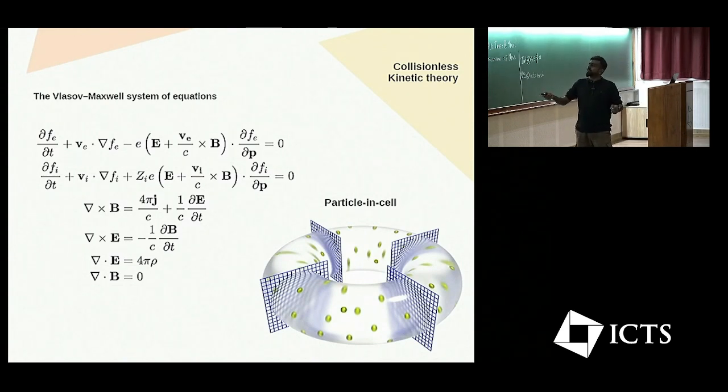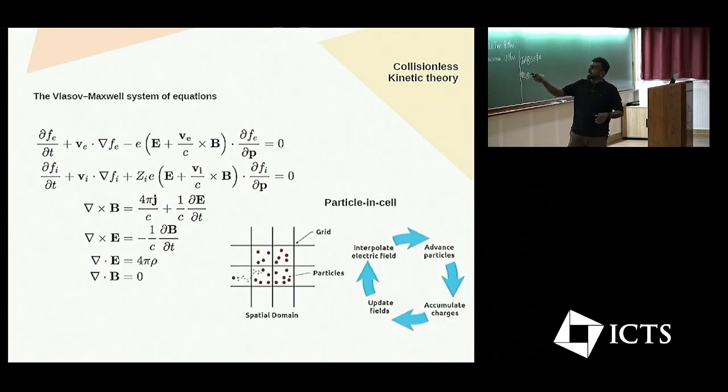This is a cartoon wherein you have multiple particles within this domain and cross-sectional grids. The particles move within this domain and give rise to charge on these grids. On the grid we can solve for the electric field, and that electric field acts on the particles and moves them, so that we get the complete particle-in-cell cycle.